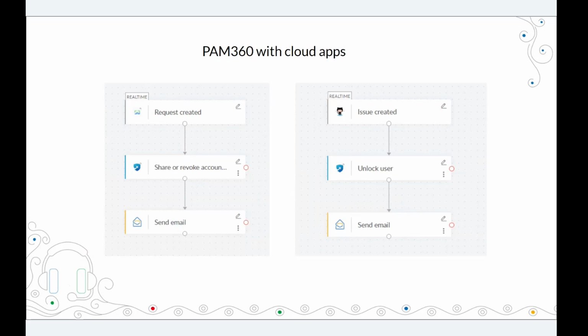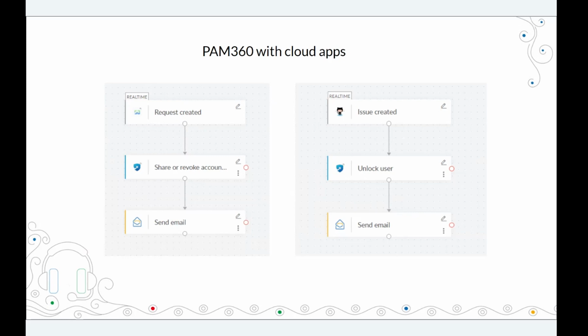First use case is when a request is created in STP in Service Desk Plus. I want Zoho Flow to get the data from STP and then share or revoke account of the user in PAM360.